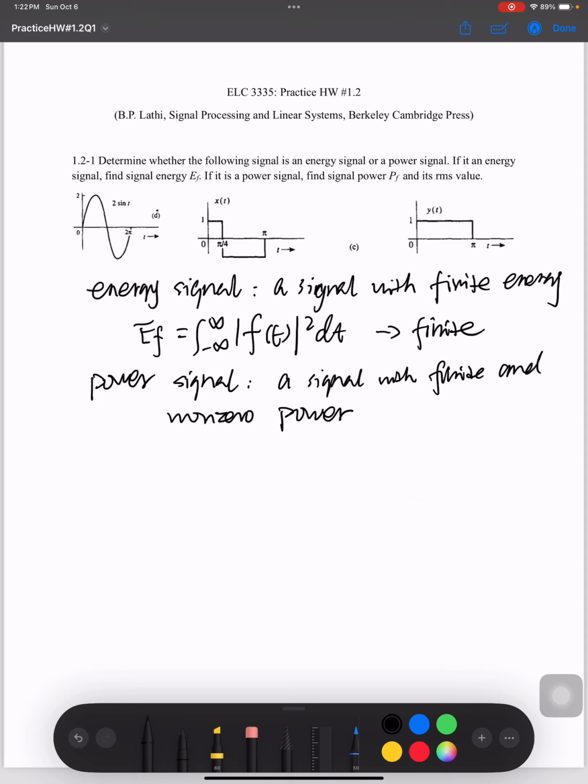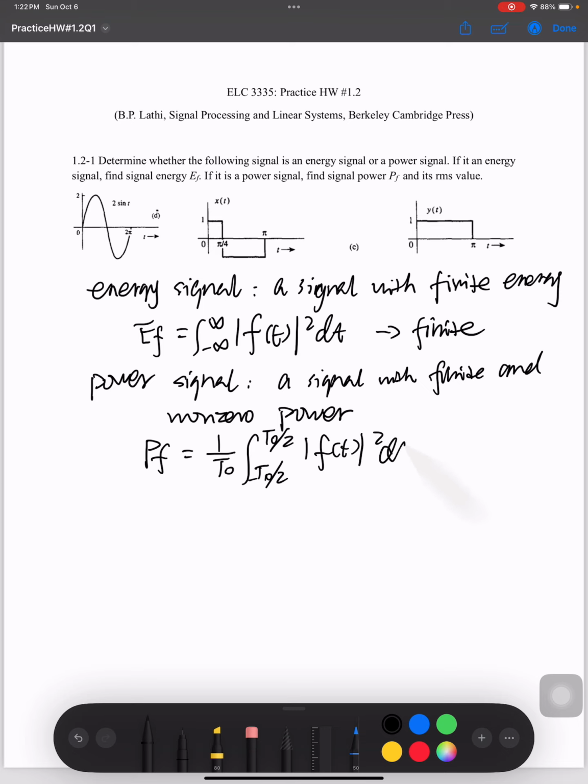Equation-wise, it requires PF, which is 1 over T0, since it is a periodic signal, times the integral from negative T0 over 2 to T0 over 2 of the absolute value of f(t) squared dt.